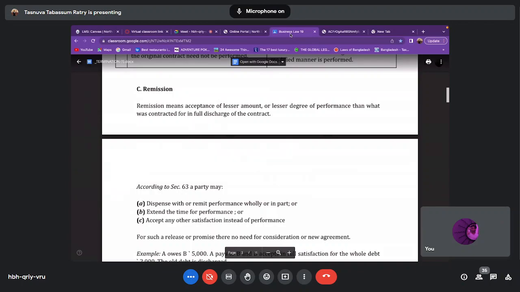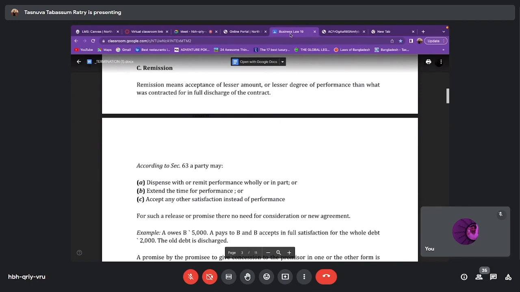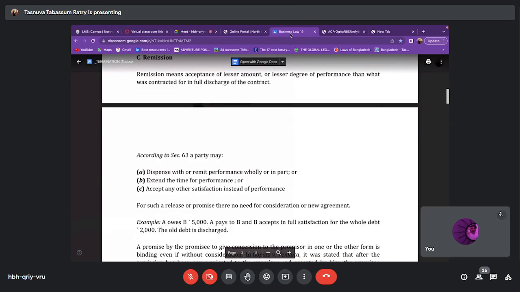Understood? Okay. So remission means when you accept a lesser amount or a lesser degree of performance than what the contract was initially for.